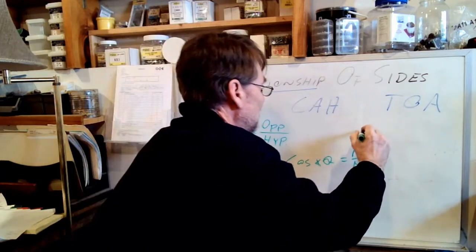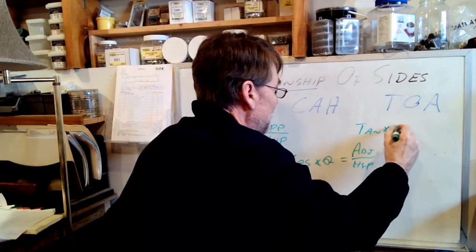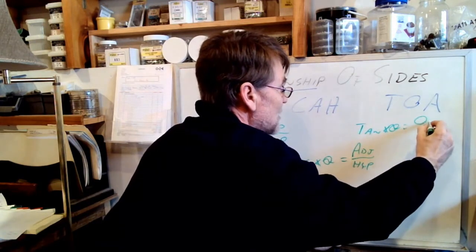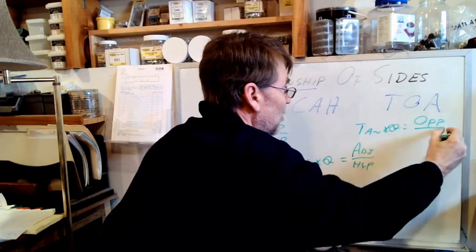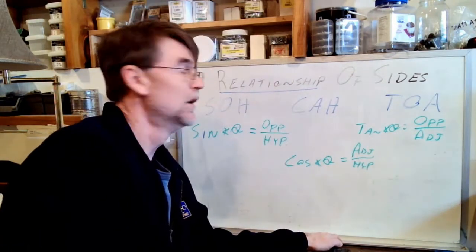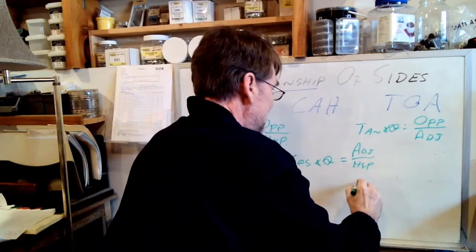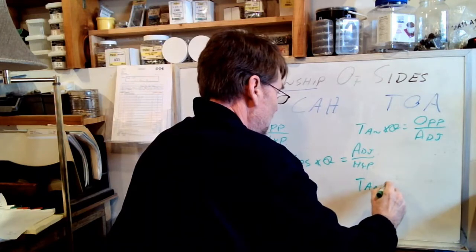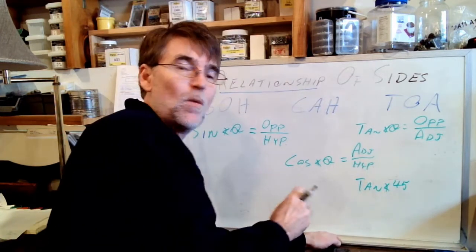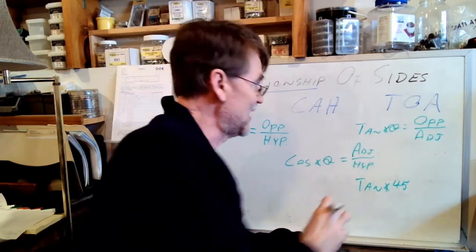Let's move on to the third one, which is tan. And the tan of the angle theta equals OA, which means opposite over adjacent. So in that example I was talking about before, when the angle is 45 degrees, the opposite and the adjacent will be the very same length.